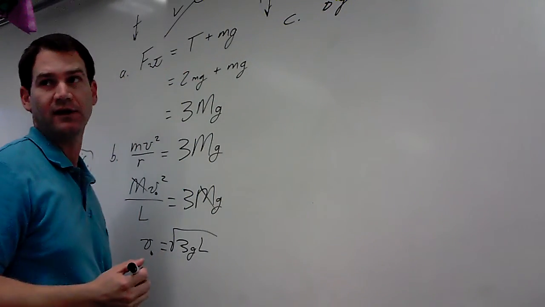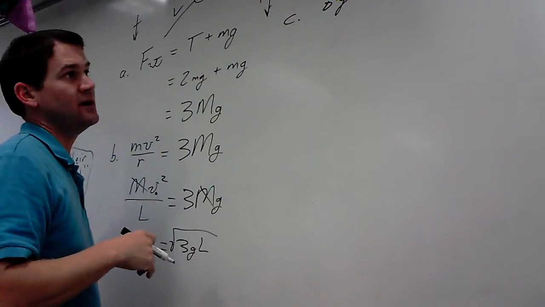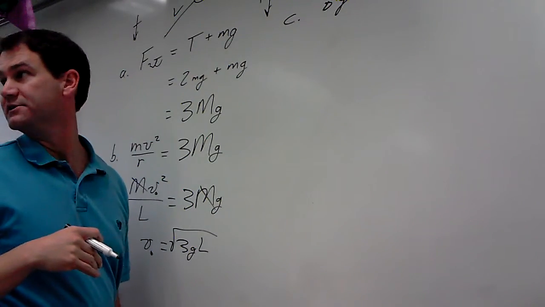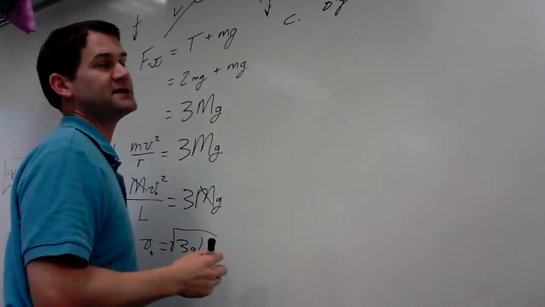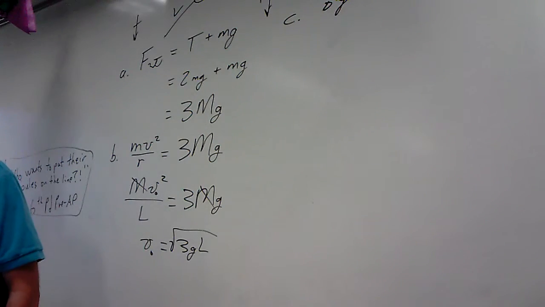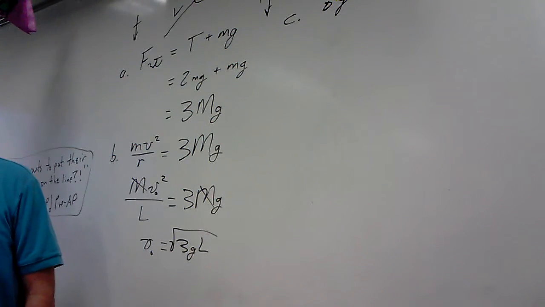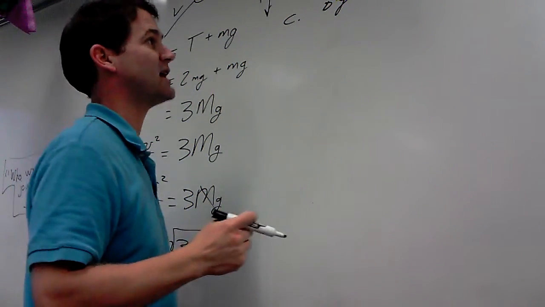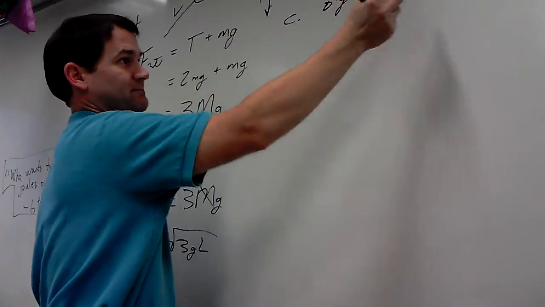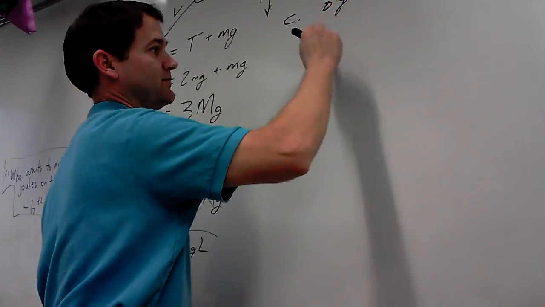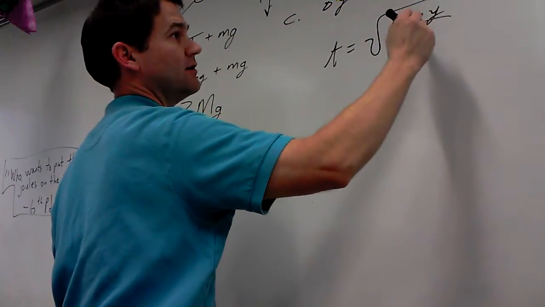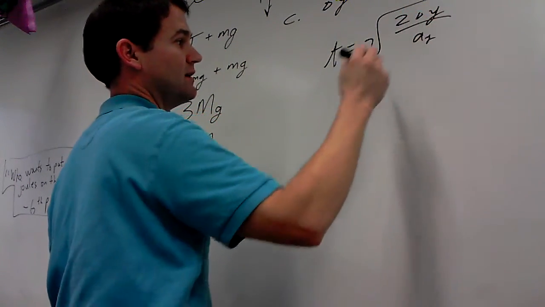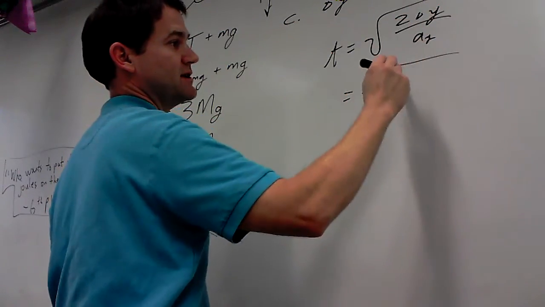What is the initial vertical velocity? 0, because it's a horizontal velocity. I know the velocity is horizontal because the velocity vector is tangential to the circle, and it's at the top. So now I just need to solve for t. T is the square root of 2 delta y over a, and delta y is 2L.